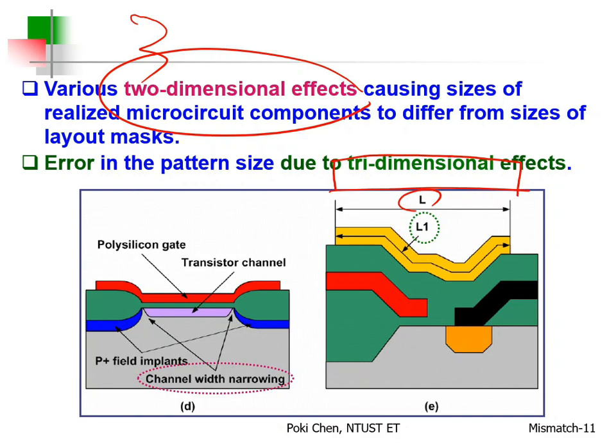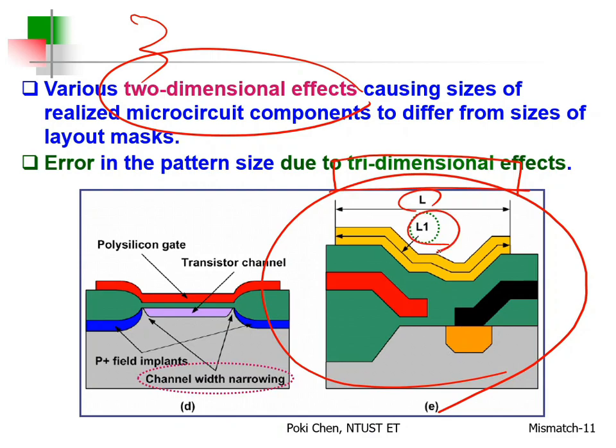But if you take all the 3-dimensional structure into consideration, the surface is not flat. Okay? So you can see, the real length is longer than you guessed during layout. Got it? That is the bird view layout. But the real structure looks like that. Keep this in mind. Okay?